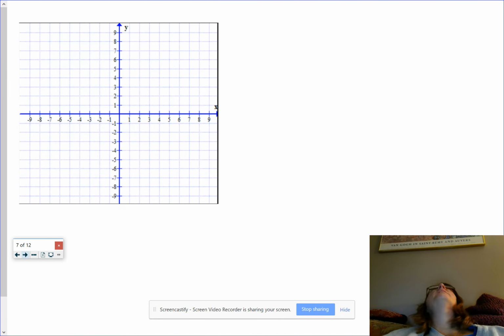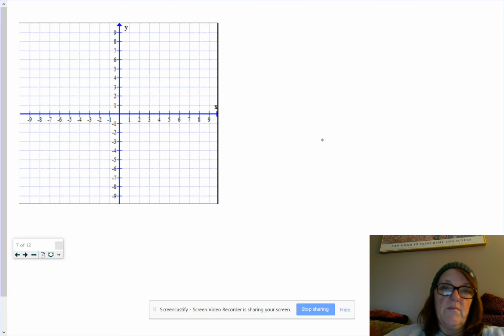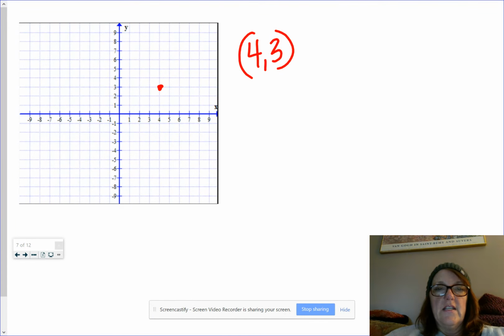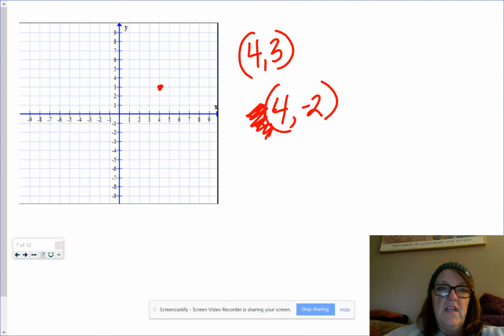All right, last but not least here, let's do something like 4, 3. And let's do 4, negative 2. 1, 2, 3, 4. Down to right there.